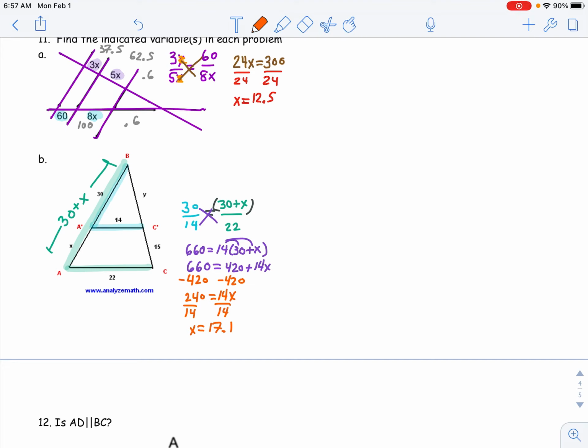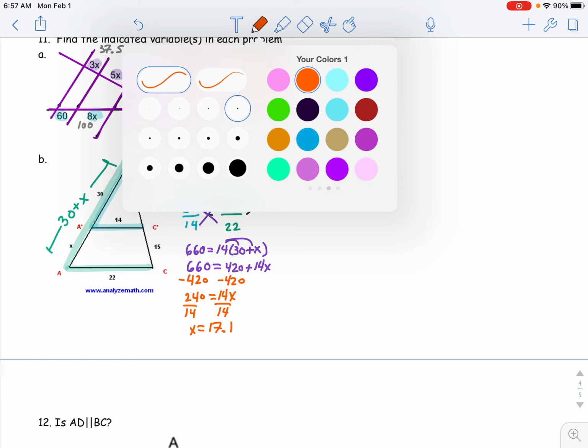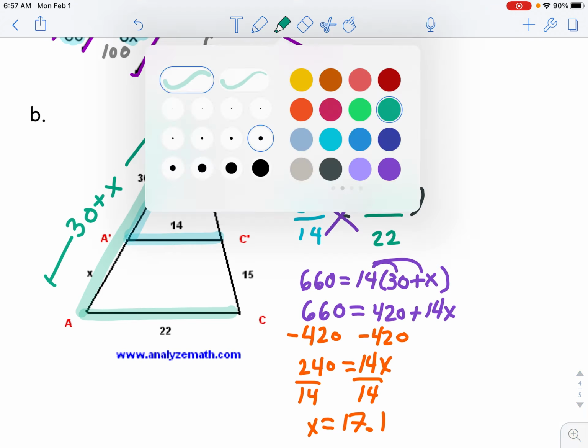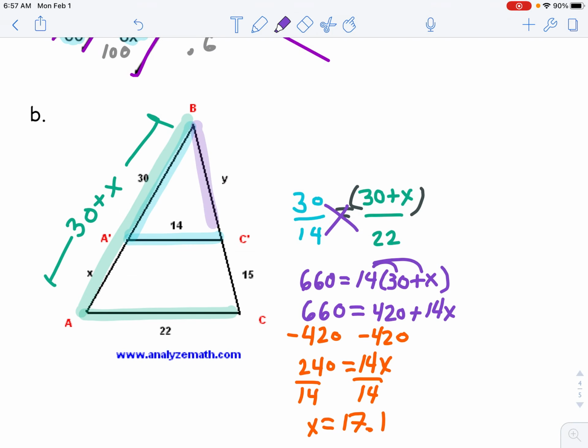And then we're going to do a similar thing for y. All right, so now what we're going to do is actually just the same exact thing, but just looking at the opposite side, so y to 14.